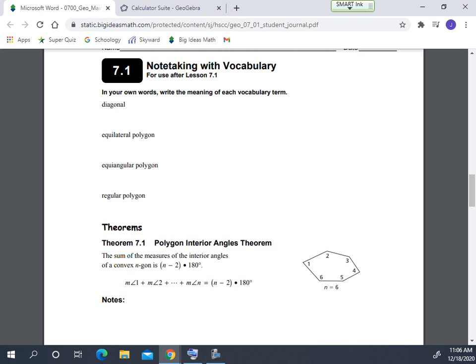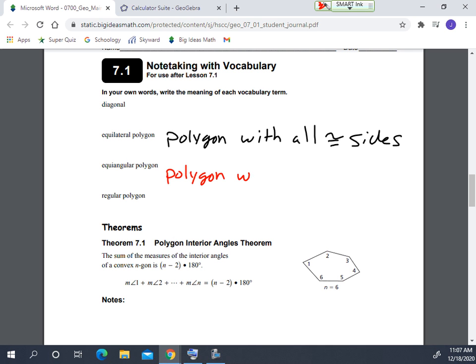An equilateral polygon is a polygon with all congruent sides. So each side is the same length. An equiangular polygon is a polygon with all congruent angles.